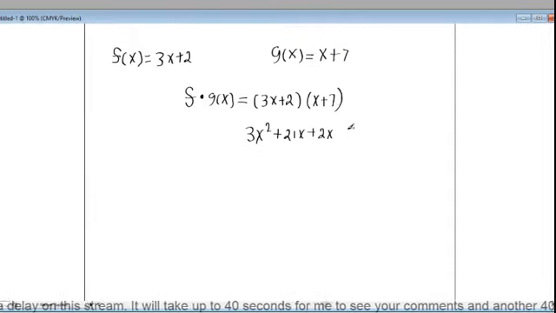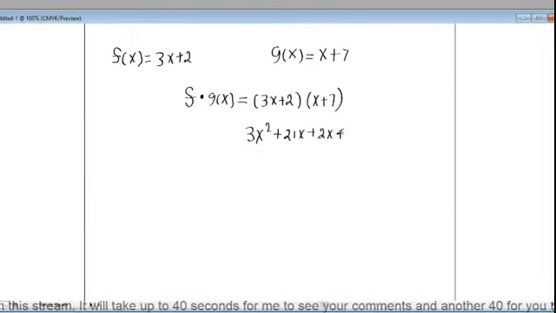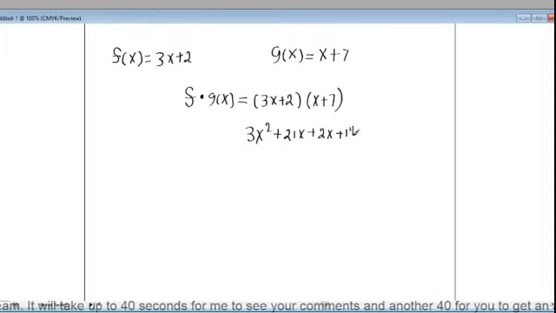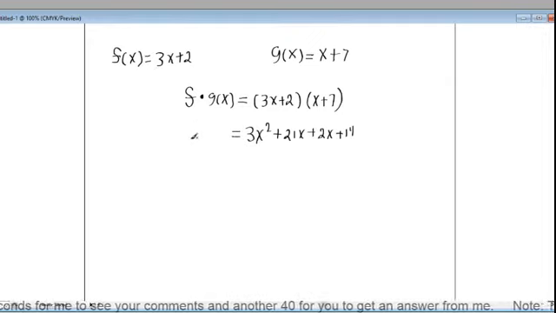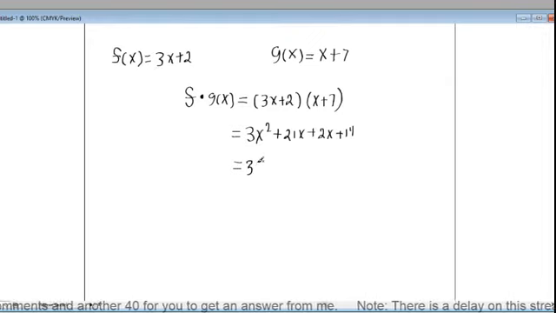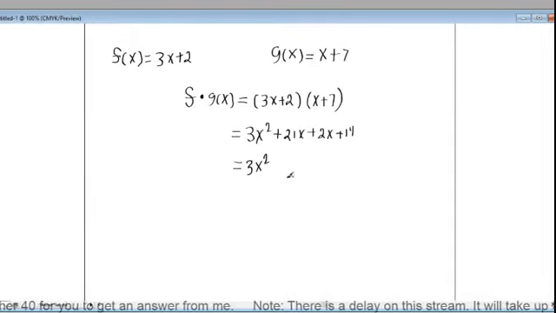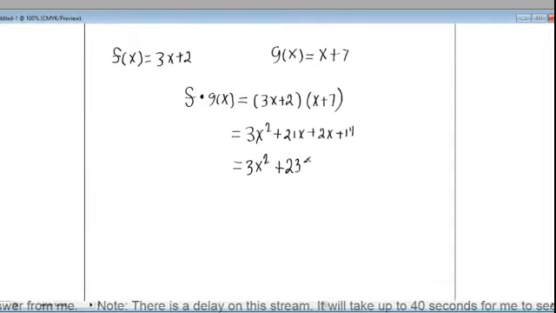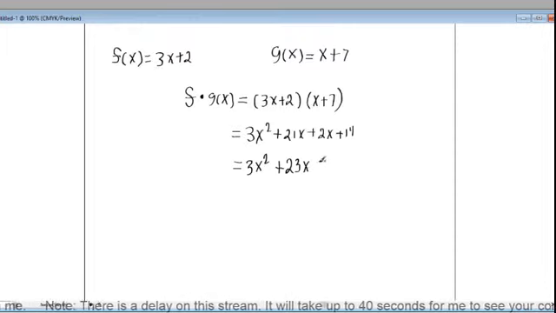And 2 times 7 is 14. Okay, so there's our f times g. We still need to simplify this, of course. So 3x squared. Then we can combine these two like terms to make 23x. And then plus 14 just drops down.